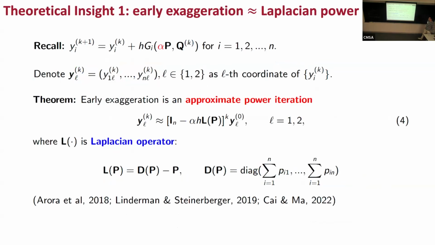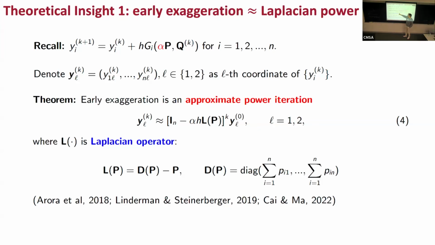So we did an analysis of this iterative algorithm. The key observation is as follows. We find that in this early exaggeration stage, we can rewrite this updating equation into a matrix form. And we find that the low dimensional embedding produced by t-SNE at the k-th step of early exaggeration is in fact approximately a power iteration on the initial value.